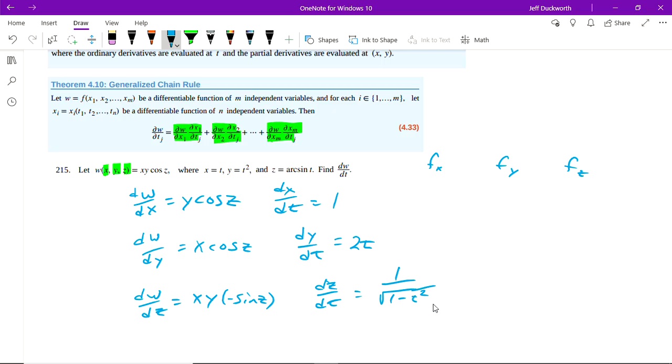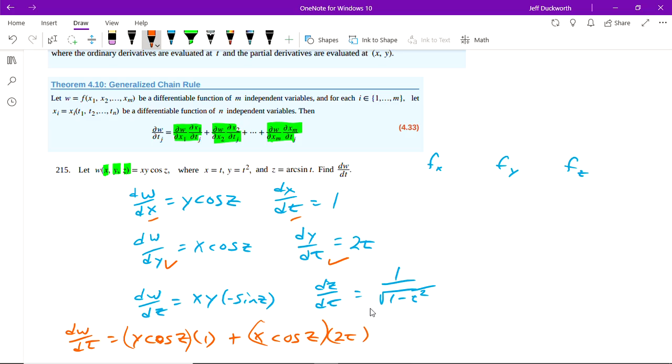And so now what we have, dw dt will equal y cosine of z times 1. That's our first product, this one and this one. Our second product is x cosine of z times 2t.